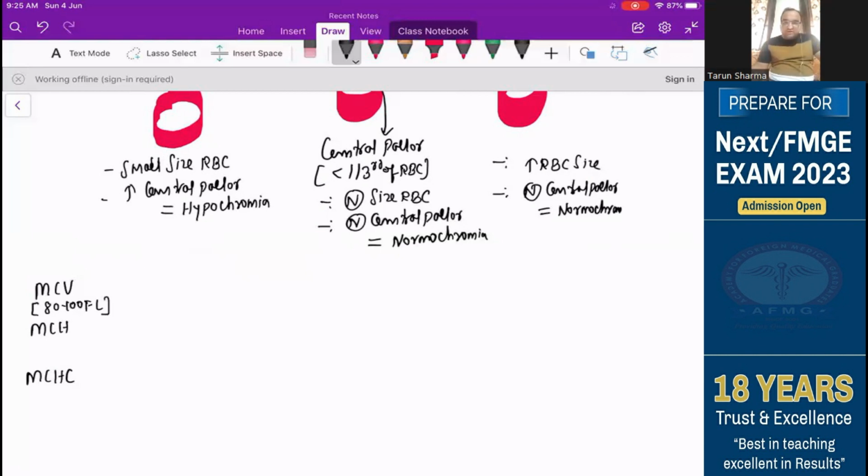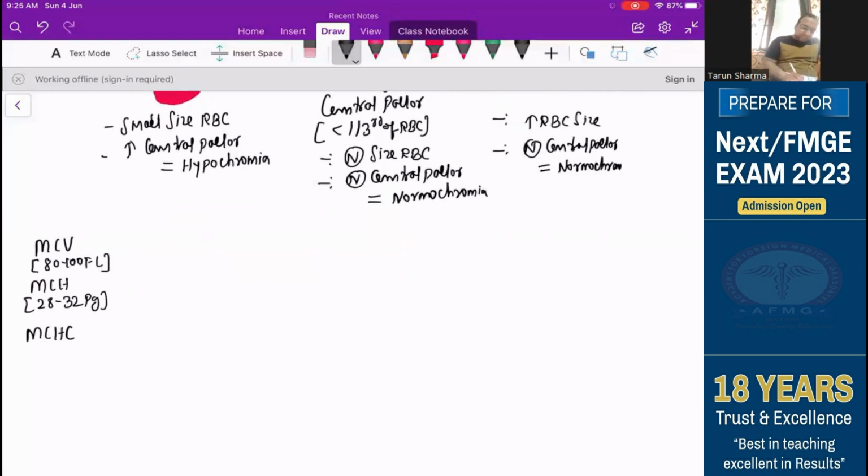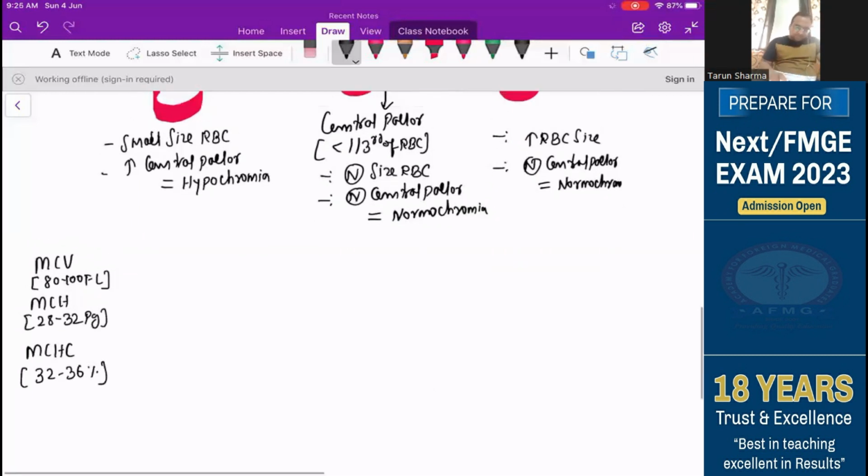MCH will be 28 to 32 picograms. And the MCHC value ranges between 32 to 36 percent.